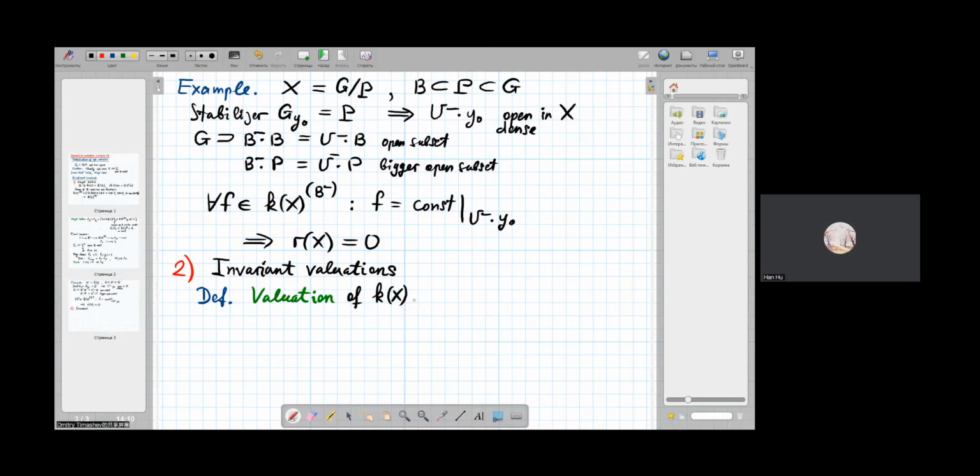A valuation of this function field k(X) over the field of constants k is by definition a map, say v, from the multiplicative group of this field, so all non-zero rational functions, to rational numbers, satisfying the following properties.